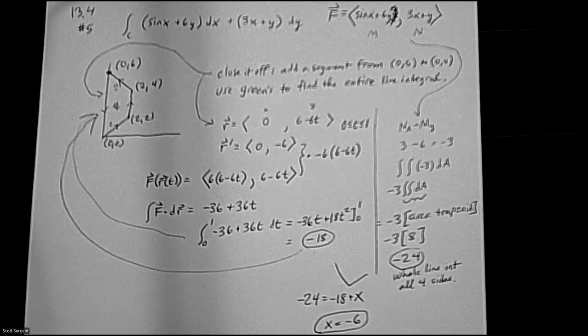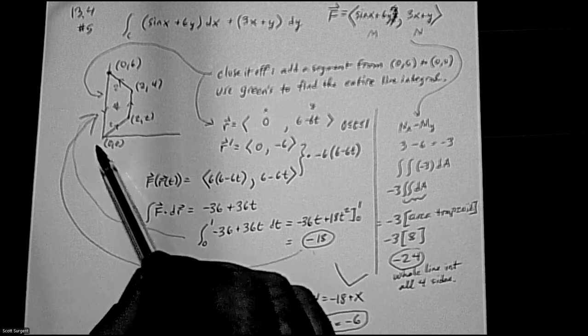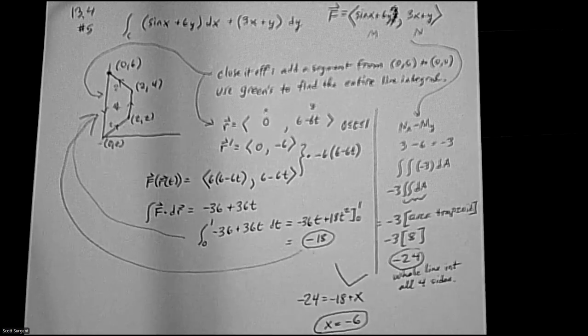This is the old trick of closing it off and using Green's. So this line integral from here to here to here to here is just negative 6. All right, I'll pause for questions. Any step here I can explain?